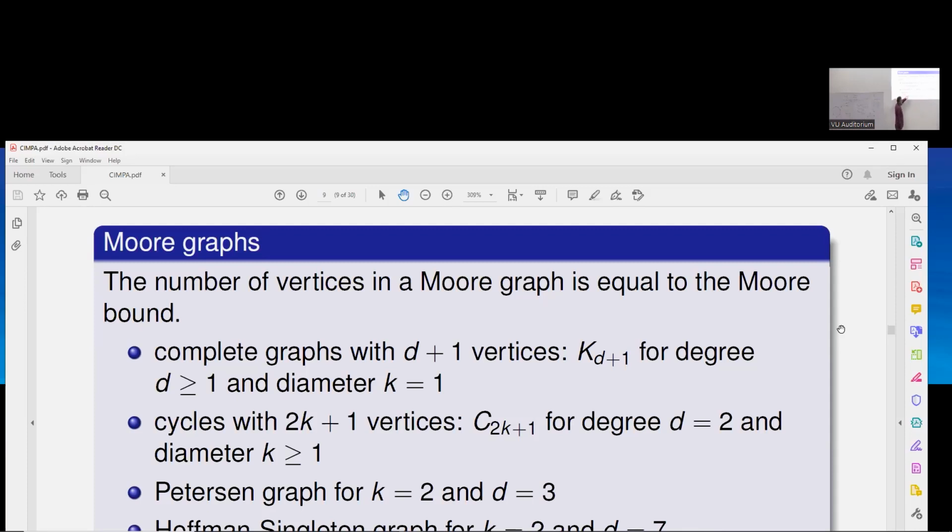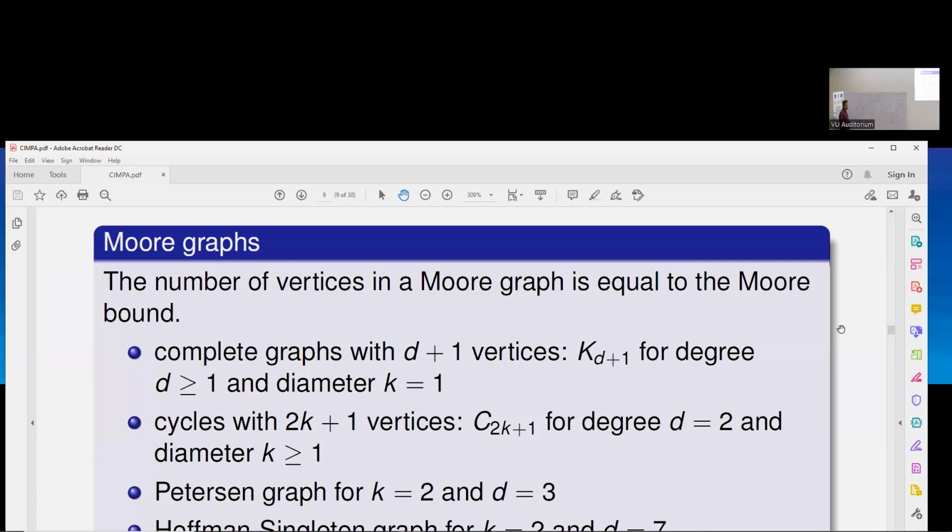So the diameter is general. Let's say the one I have here has 1, 2, 3, 4, 5, 6, 7 vertices, so n is equal to 7. Can you tell me what the diameter of this graph is? Well, what is the distance between this vertex and this vertex? The distance between these two is 3. Are there any two vertices which are further?